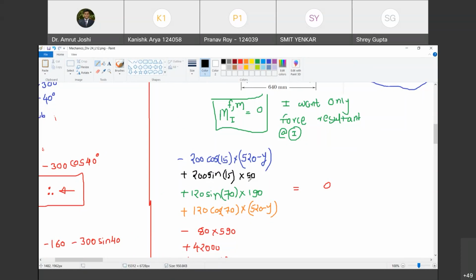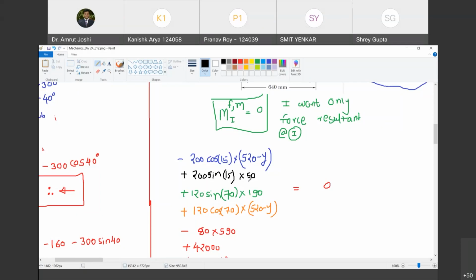Let us see. 50 plus 120 into sine of 70 multiplied by 190 plus 120 cos of 70 multiplied by 190 plus 120 cos of... Sir, I'm getting the value of y as 133.432.